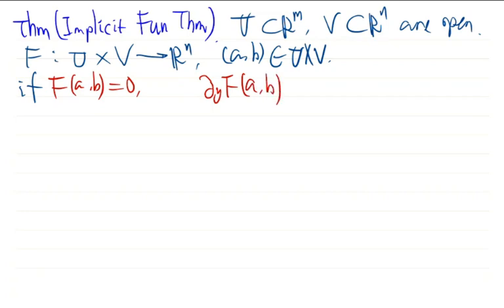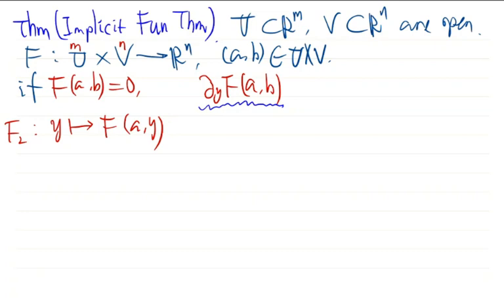What's this? Here, U is m-dimensional, V is n-dimensional. So the partial derivative of F at AB is the derivative of the map Y maps to F(A,Y). Okay, this map is our F2. The derivative of this F2 at the point B is the partial derivative of capital F at AB with respect to Y by our definition.